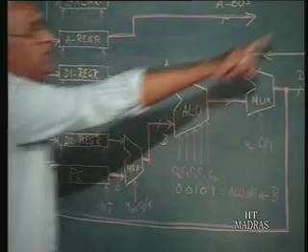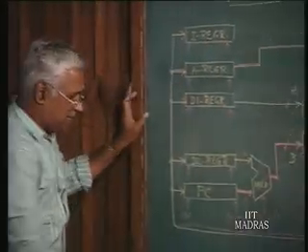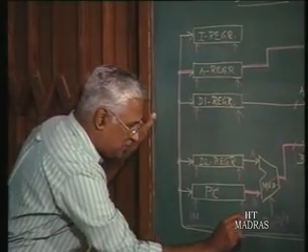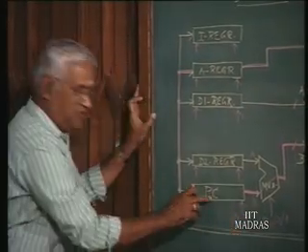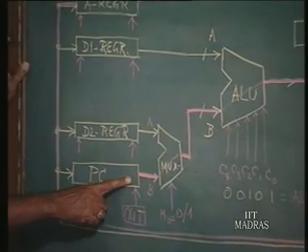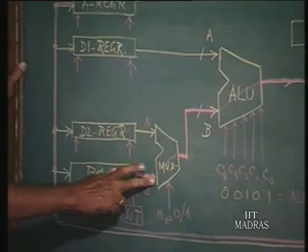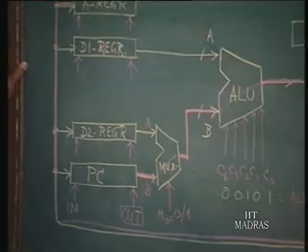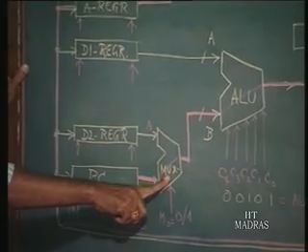Now during T1 we have to see that this out signal is enabled for the PC register, so that this out signal will enable the contents of PC to be passed on over the B leg input of the mux.